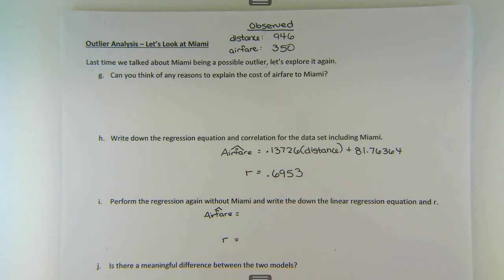So first we can think about what could explain this cost. It was just this one flight from Baltimore to Miami, and it had this cost. We don't really know anything else. So we want to think about, are there possible reasons that would make a cost go higher? And yes, there are different factors that make airfares become more expensive.